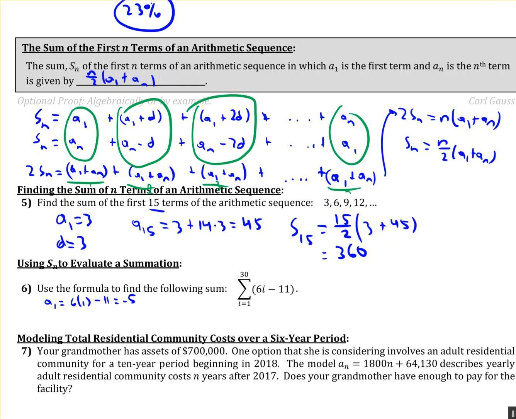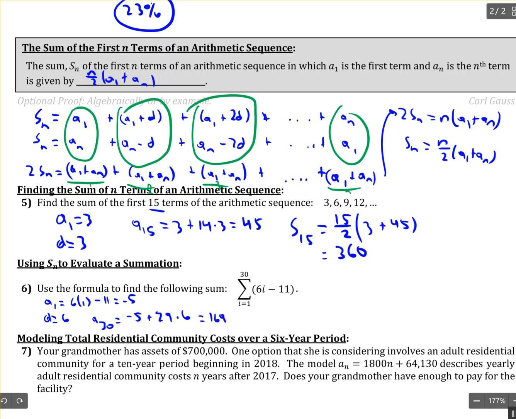Now notice each time I'm going to be adding 6, so D is equal to 6. So we're going to need to find what A30 is. That's equal to negative 5 plus 29, and minus 1, right, times 6. So 30 times 6 is 180, so I get 174. Minus 5 gets me 169.